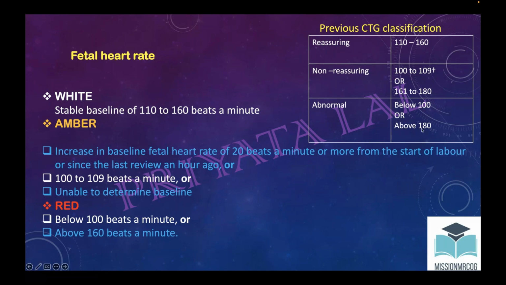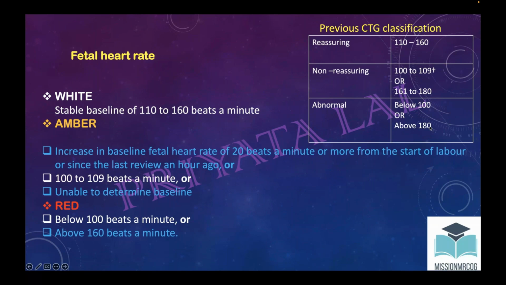In my opinion, more than 160, now they have done right. Previously, if you see clinical practice, you would never allow any patient's heart rate to go above 180, then you will think of putting that in abnormal, isn't it? Usually we take 160 only. And again, this is the update from the guideline.